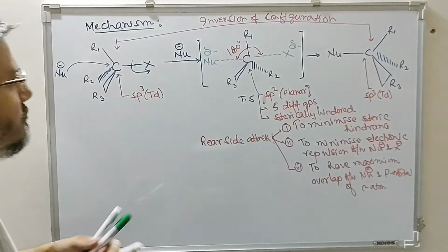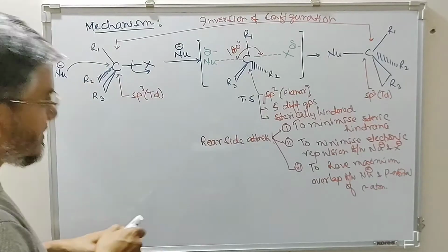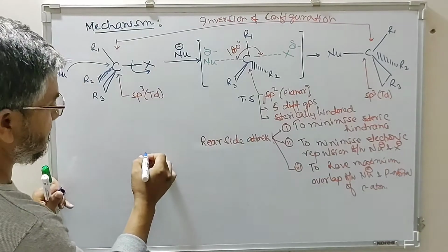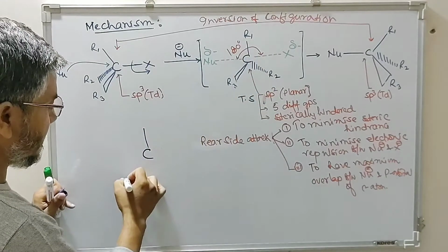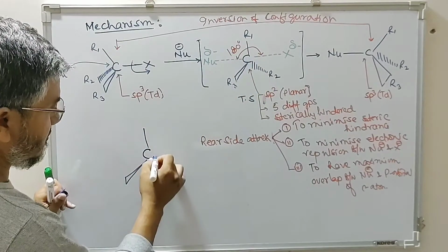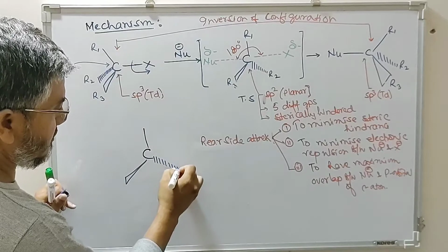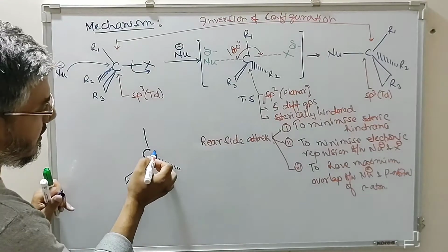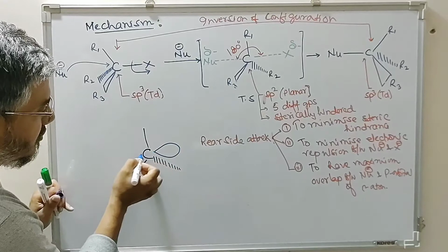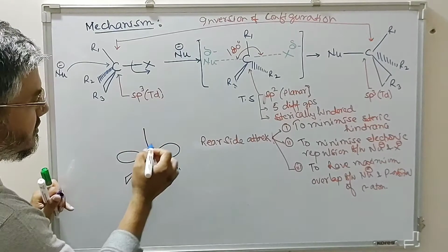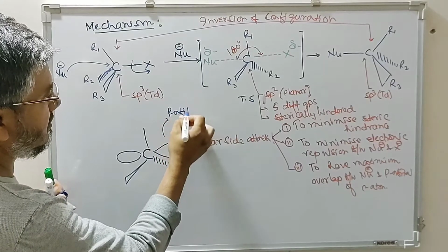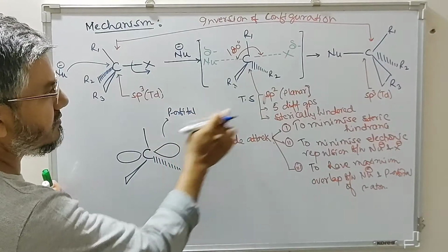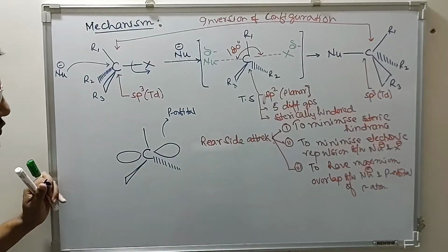Let's see what is happening. We have this carbon, and we are focused on the transition state. As the CH bond starts to break, a p orbital is developed on this carbon. So this is the p orbital. As the p orbital is developed, hybridization changes to sp2.